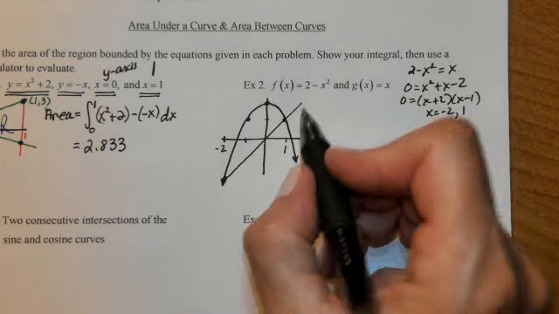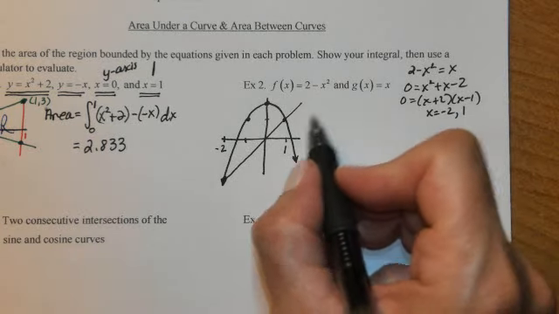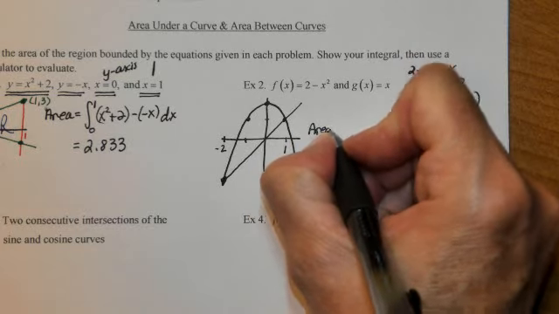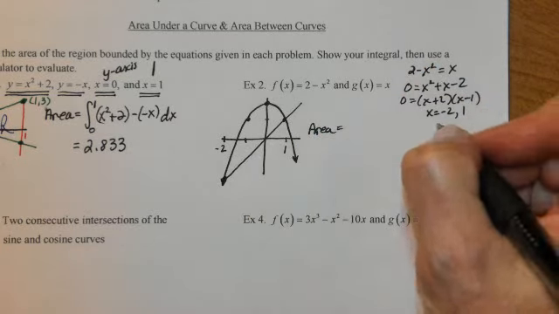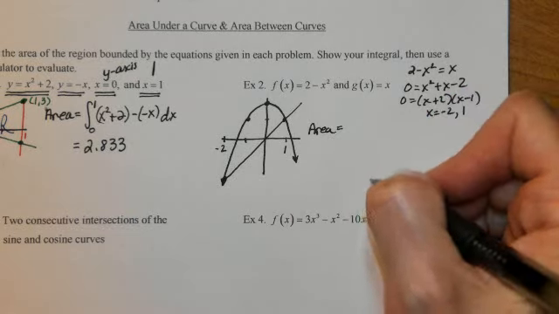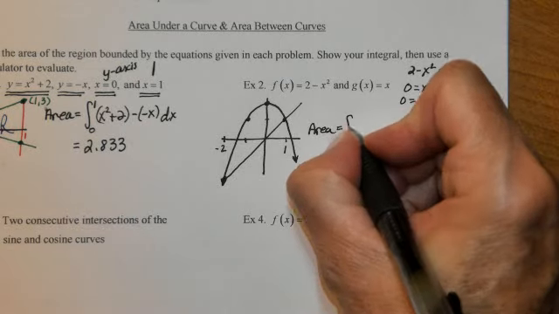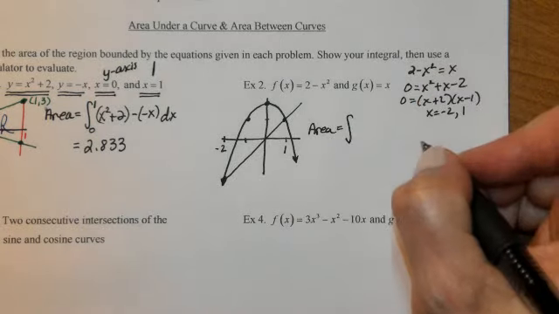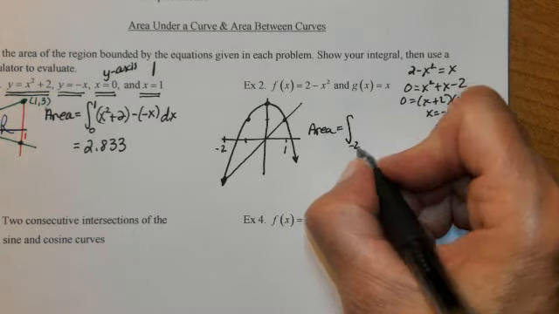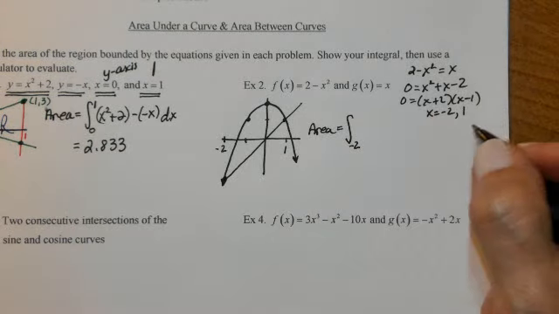Okay. All right. So now we're finding this area. The area will be, you don't have to say area equals. When you give me your integral, I'm going to know what that is. But the area is equal to the integral from the leftmost x. What's your leftmost x? -2. To the rightmost x.